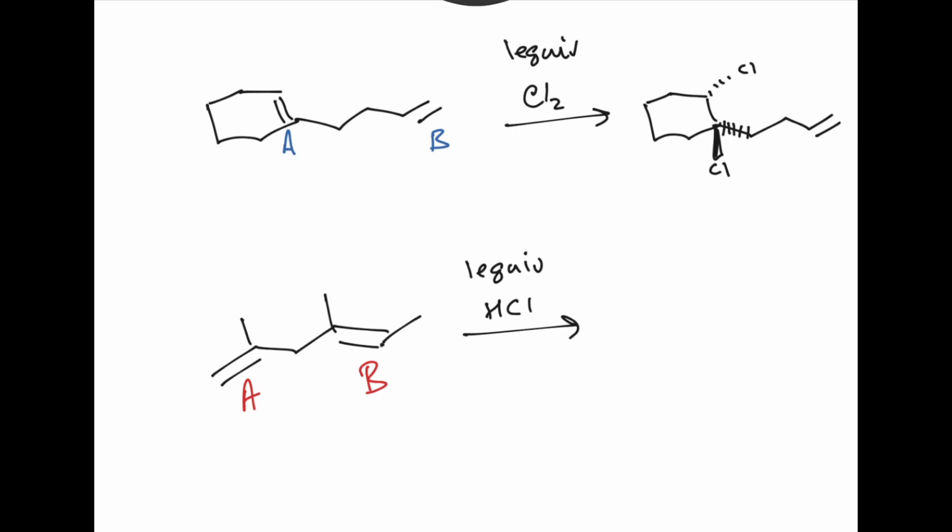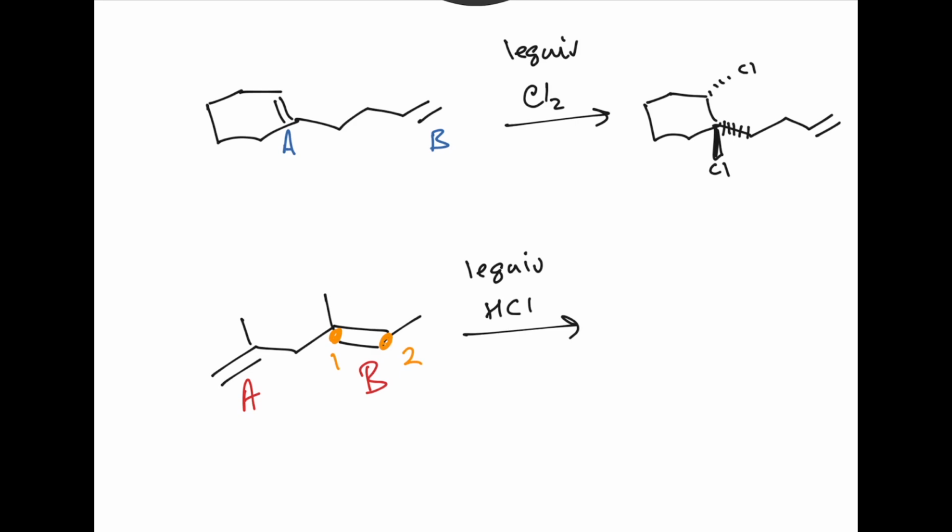Which double bond am I going to react with here? B. Right? It has three groups on it. A only has two. Now you've decided which double bond you're reacting with. Now you have to decide, are you going to put the chlorine on carbon 1 or on carbon 2?